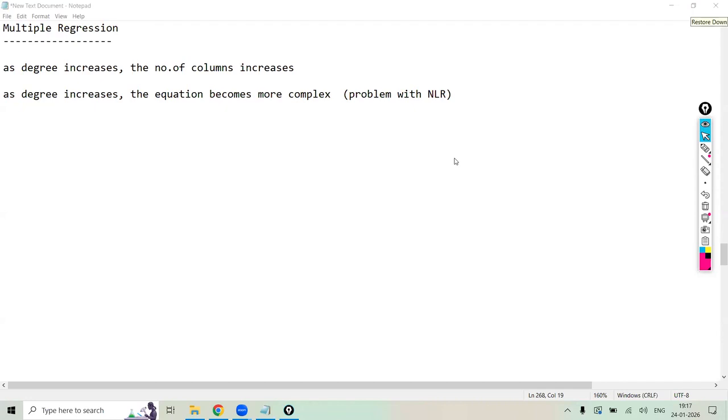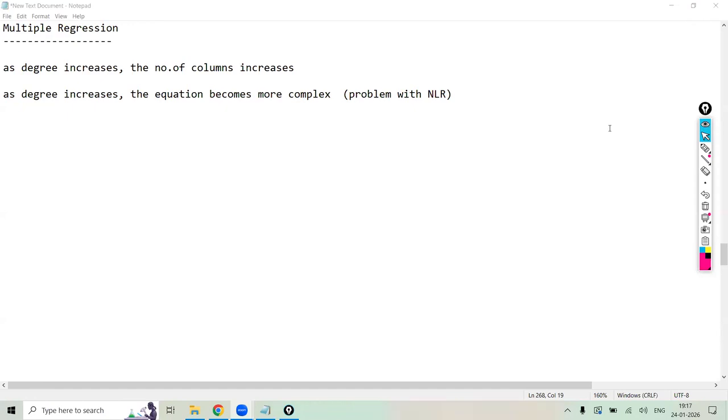Hinok, the problem with non-linear regression, the equation is linear, right? No. Equation wise, you are saying degree wise. Non-linear means degree. What is the x to the power of degree? X power 1 is called linear.